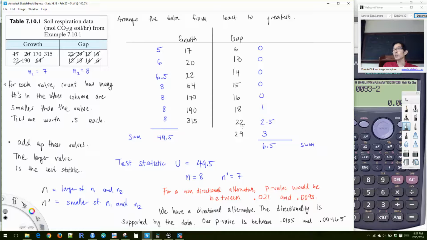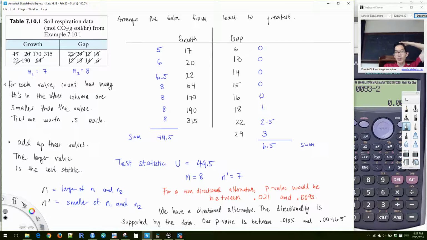When I randomly deal them out into two columns and I perform this test action where I count in the other column how many values are smaller, most of the time, when I count up how many in the other column are smaller than this value, and how many in this column are smaller than these values, when I add them up, I would get test statistics within a certain range.